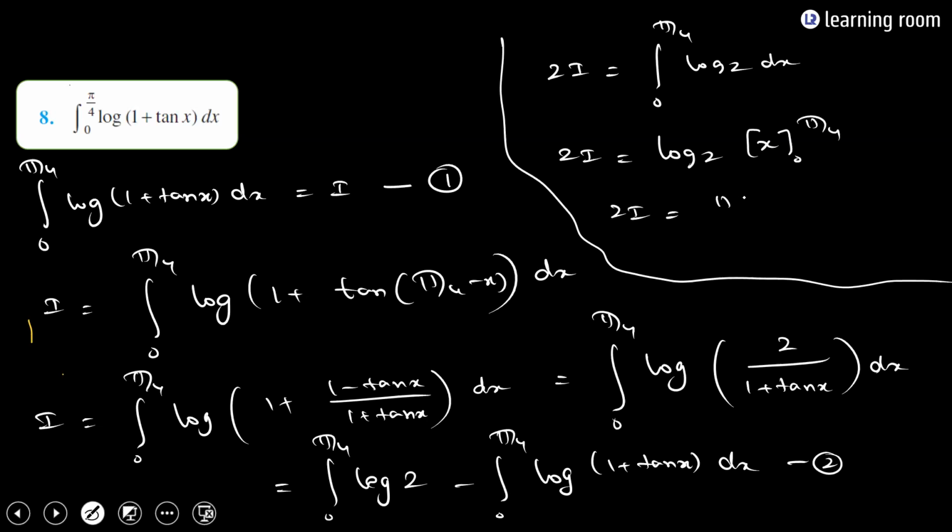So 2I will be equal to pi by 4 log 2, or I will be equal to pi by 8 log 2. Is it clear? Shall I proceed?